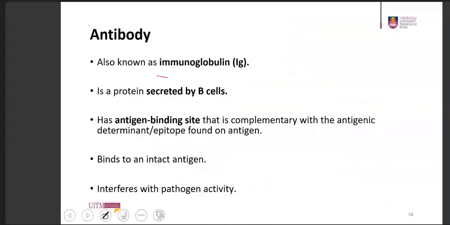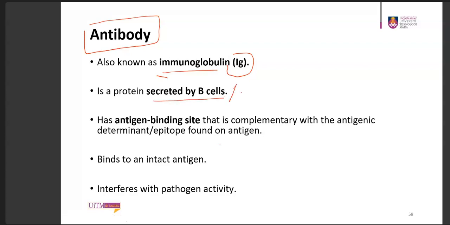Okay, so the next term that you have to know is antibody. It is also known as immunoglobulin or Ig. It is a protein secreted by the B cell, or the plasma cell, which is the effector B cell.